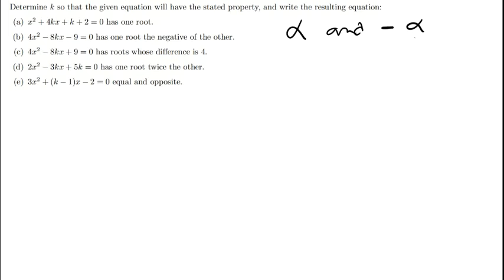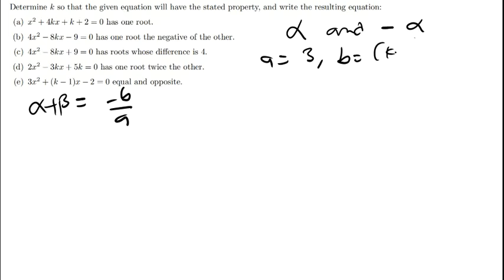Now, alpha plus beta is equal to negative b over a. Remember we said a is 3, b is in the brackets, k minus 1. But beta in this case is negative alpha, because they're supposed to be two.